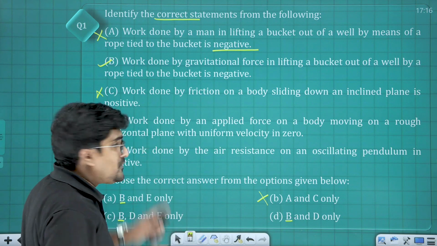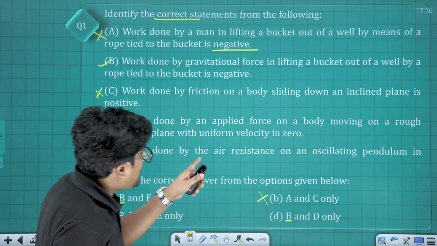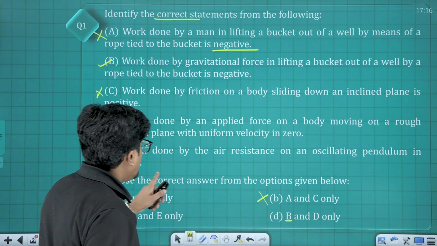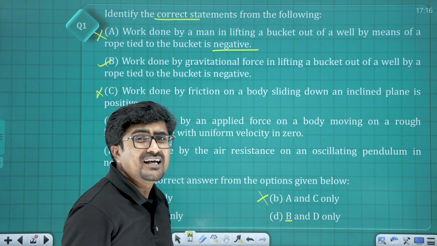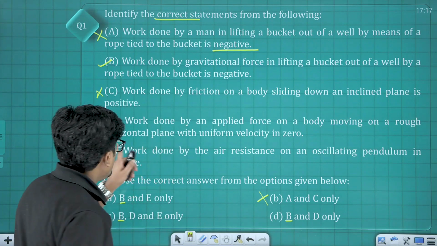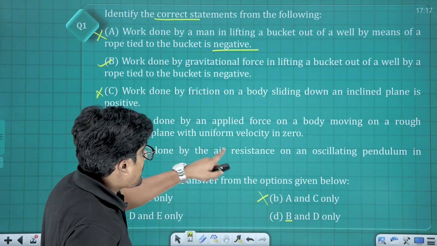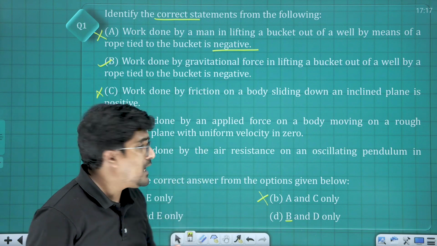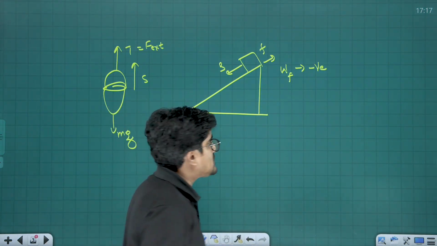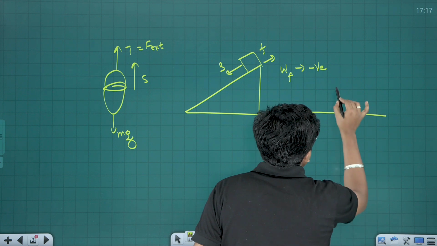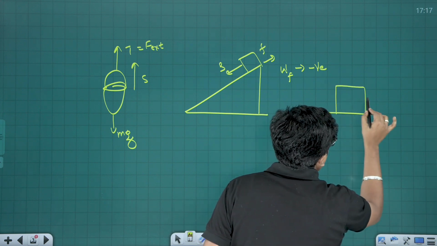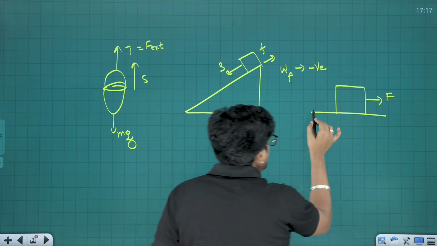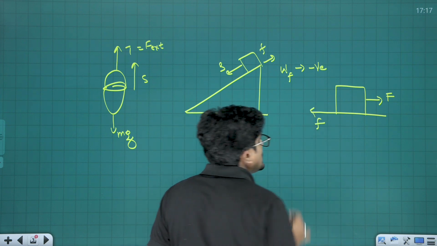Option D, work done by an applied force on a body moving on a rough horizontal plane with uniform velocity is 0. I repeat, work done by an applied force on a body moving on rough horizontal plane with uniform velocity is 0. Let us consider that case as well. Let this be a body in which a force is acting towards right and let friction be acting towards left.